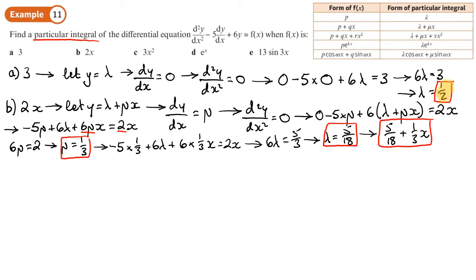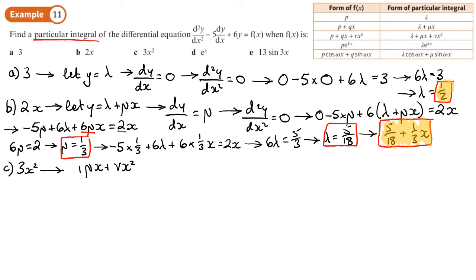So now we'll move on to part C. If we look at part C, we have 3x squared. So looking at the table, it's a quadratic, so the particular integral is going to be this form. That's going to be lambda plus mu x plus nu x squared. So that's what I should write down.